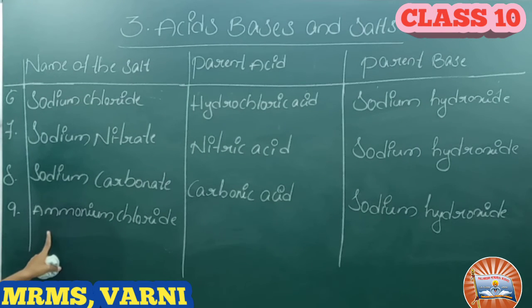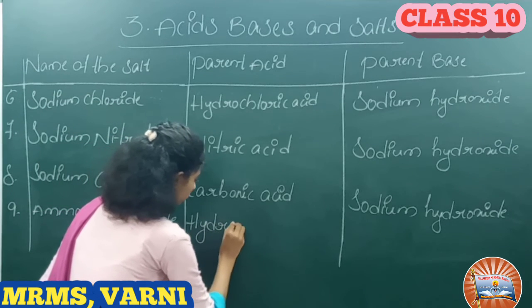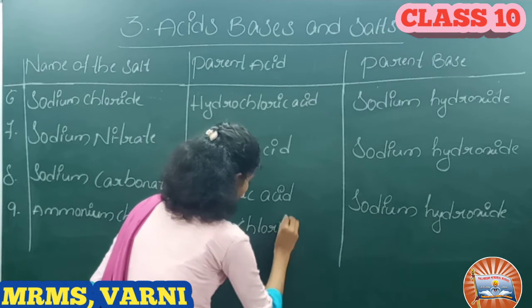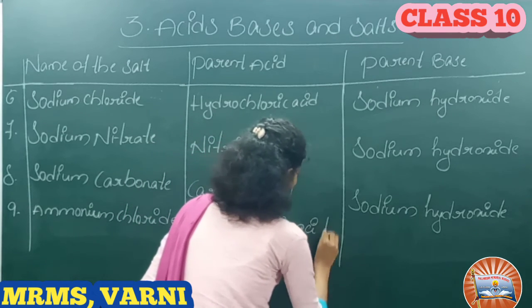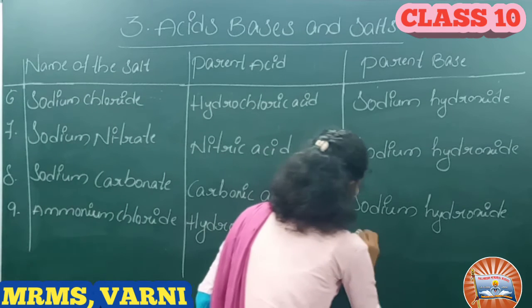Finally, ammonium chloride. To prepare this salt we need to take the acid hydrochloric acid and the base is a ammonium hydroxide.